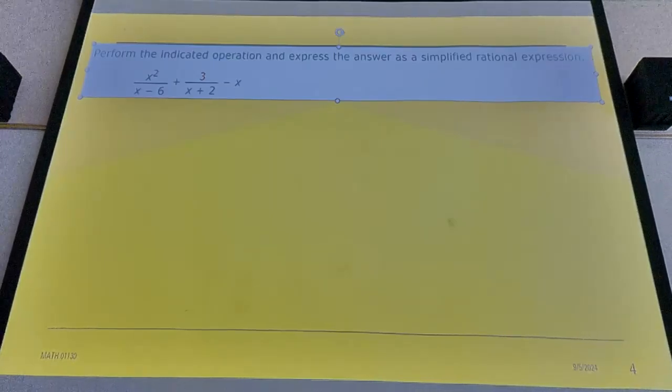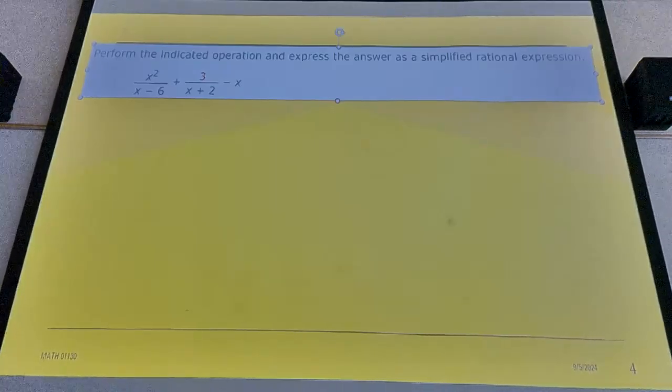Simplifying rationals. When you add fractions, what's the rule? The same denominator. What's that denominator called? Common denominator.